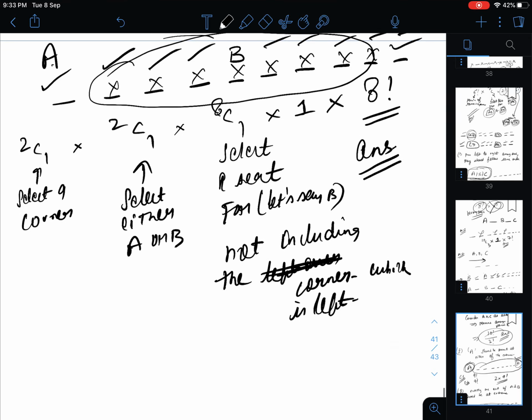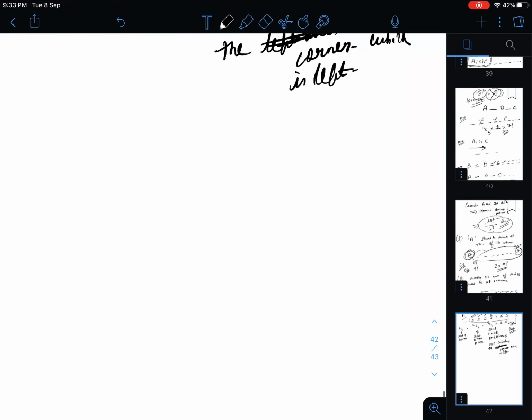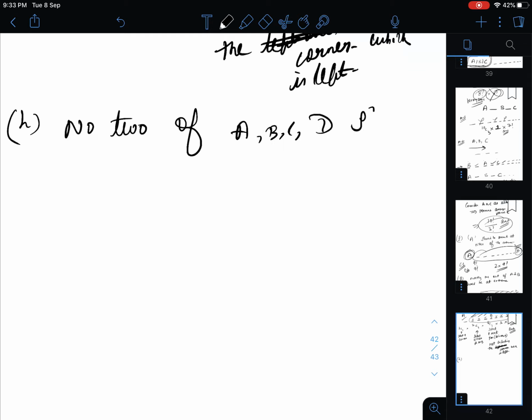All right. Part H, no two of A, B, C, D should be seated together. So this is simple, again the gap method.